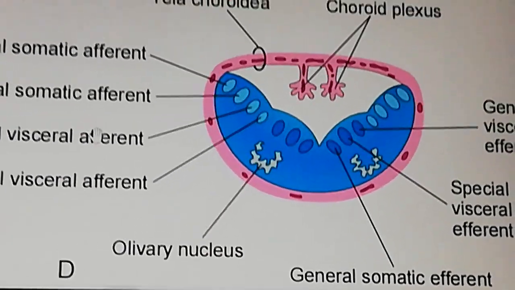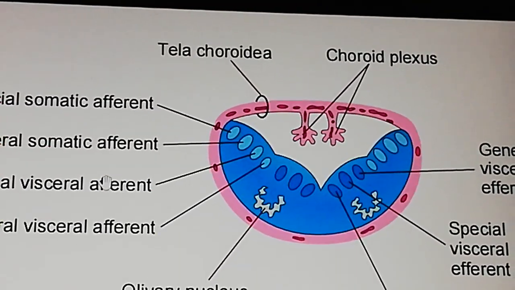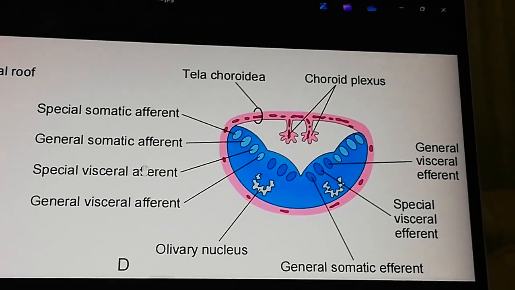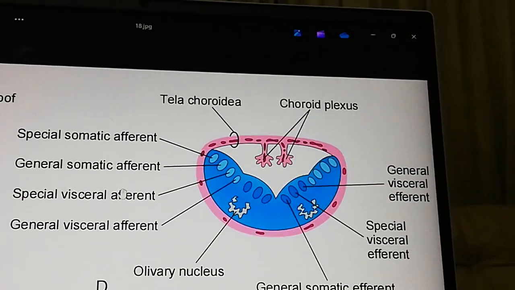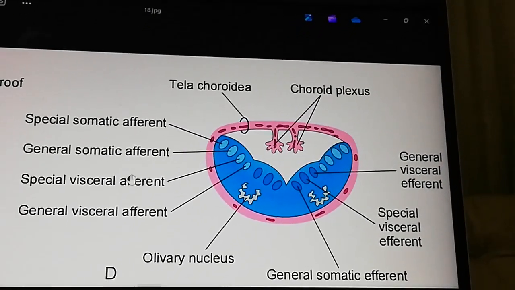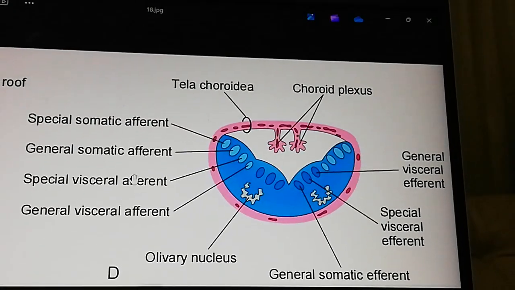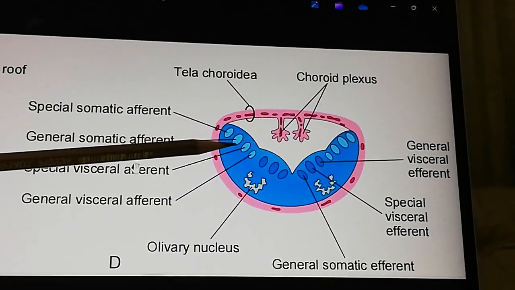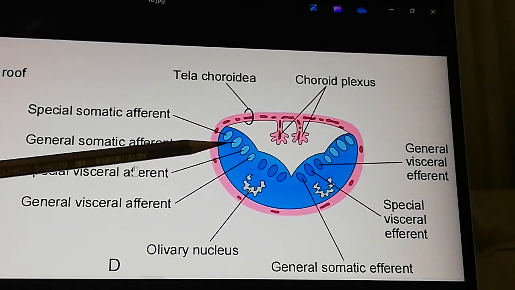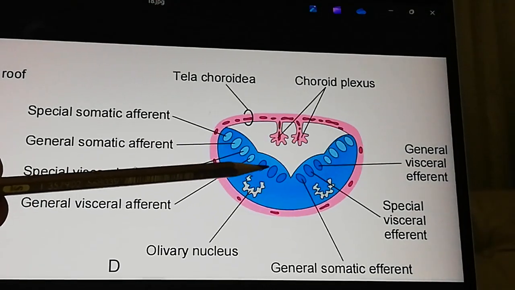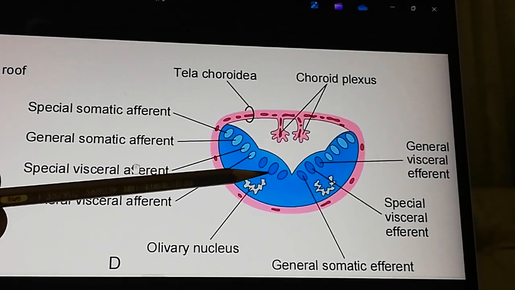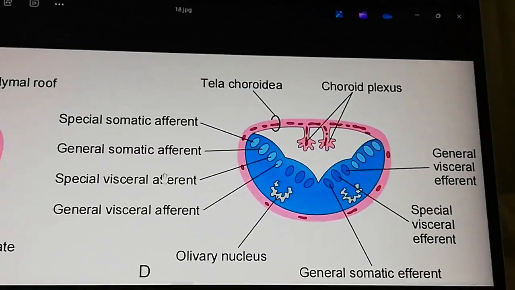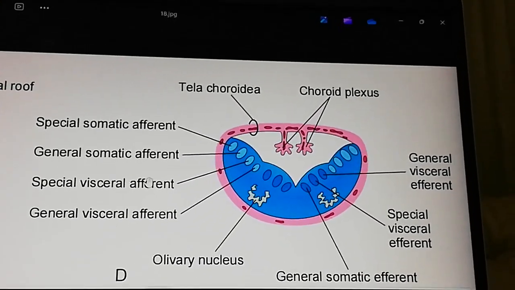So now you can see again, let me make a clearer view so that you can see the picture clearly. You can see the four afferent components of this LR plate and three efferent functional components of the basal plate, right? Okay, what next?